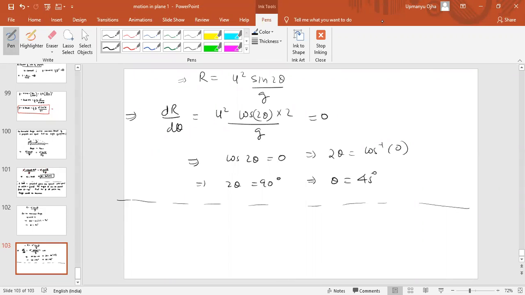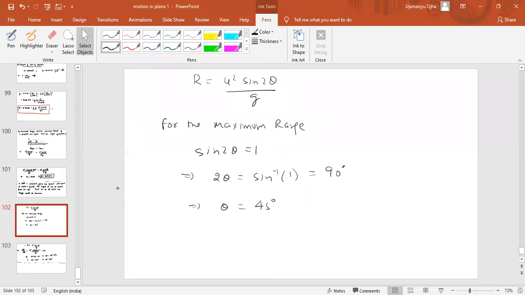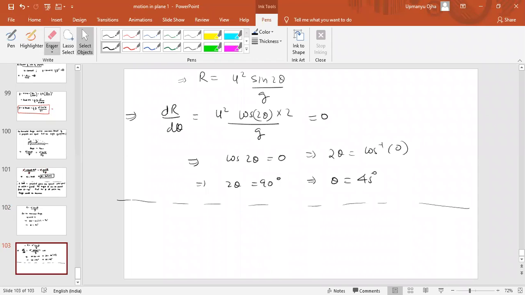That is the direct method: when can you have range maximum? When sine 2 theta is equal to 1. This is the direct method. This is the differentiation method. Both are correct. You can use either method, no problem in that. This is the second method.